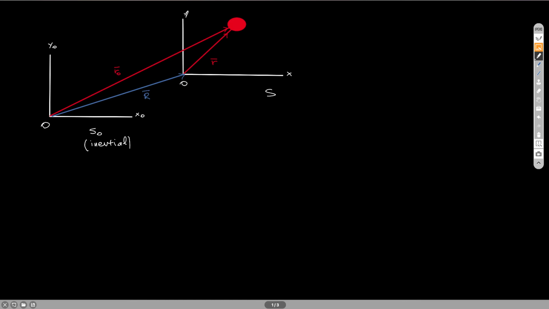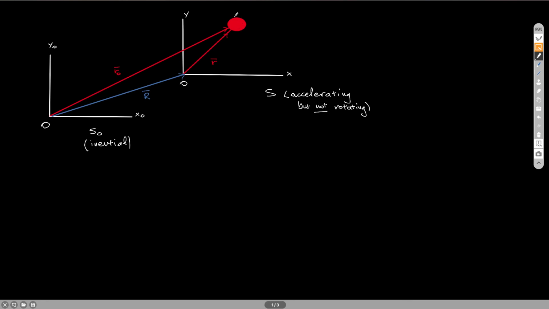Now, I also have here my S frame of reference, and this one is accelerating but it is not rotating. And I have the origin, the x-axis, the y-axis.